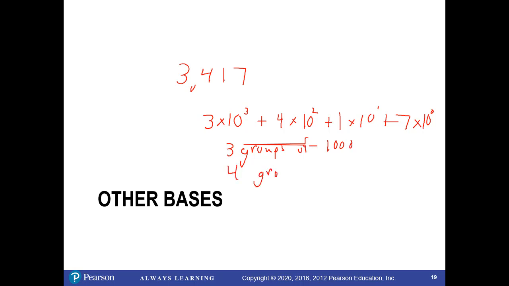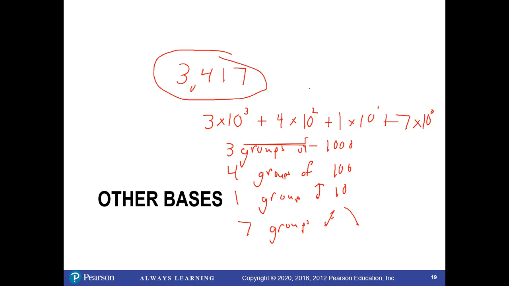I have 1 group of 10. And I have 7 groups of 1. And then I add each of those groups together. 3,000 plus 400 plus 10 plus 7, and I get 3,417.